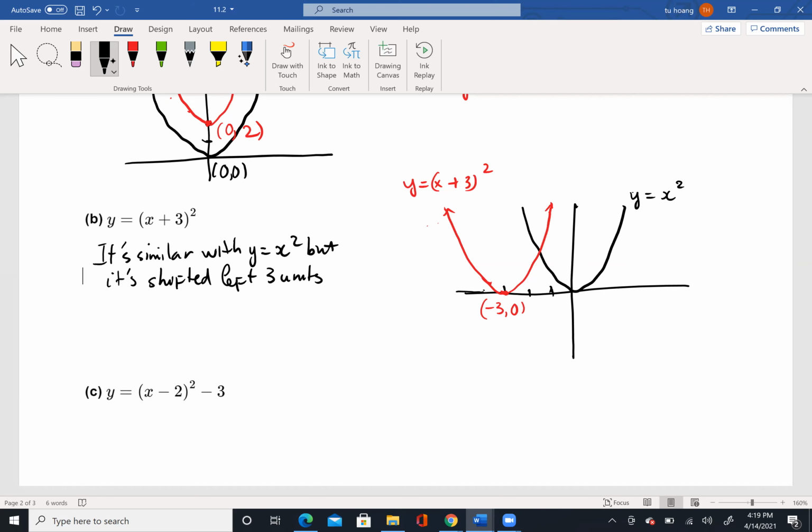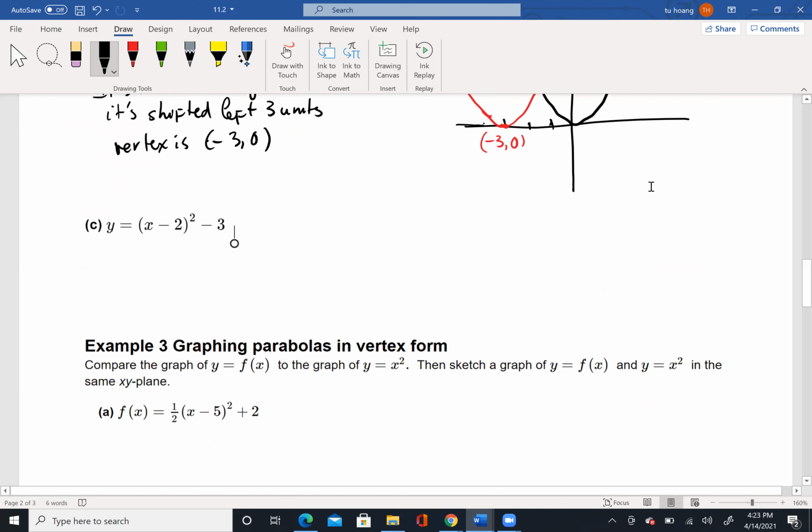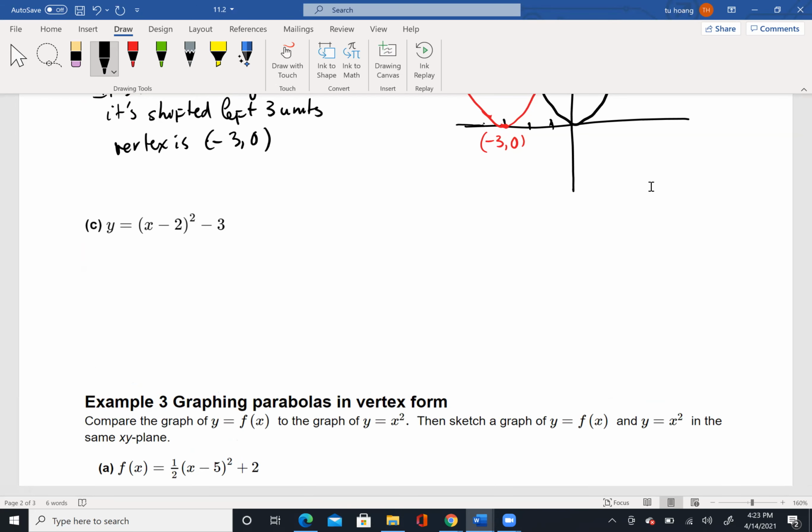The vertex is negative 3, 0. Okay, now move to C.